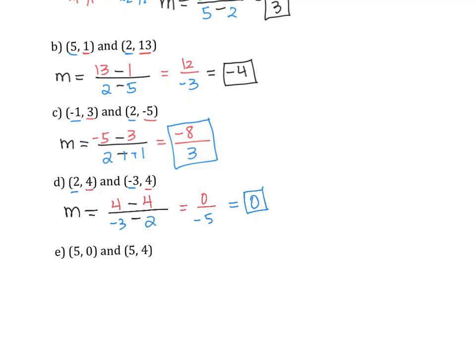Okay, last one. Okay, let's try this. M equals y. Okay, in the numerator, the y's, y, y. And the denominator, x, x. 4 divided by 0.